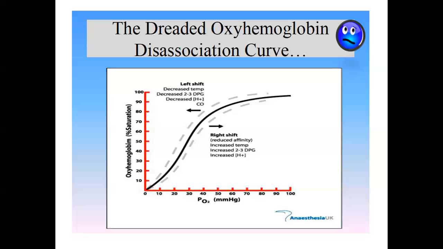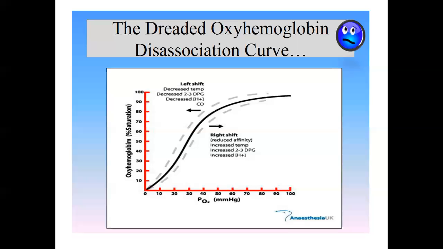The reason this is important is that when the affinity for oxygen decreases, that means we have to have more oxygen to perfuse the same amount of tissue. On this curve, down here we're at 100%.